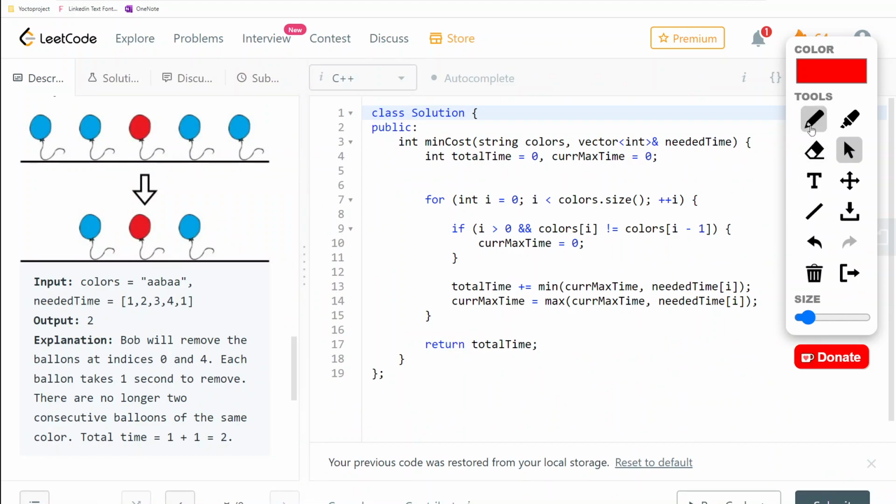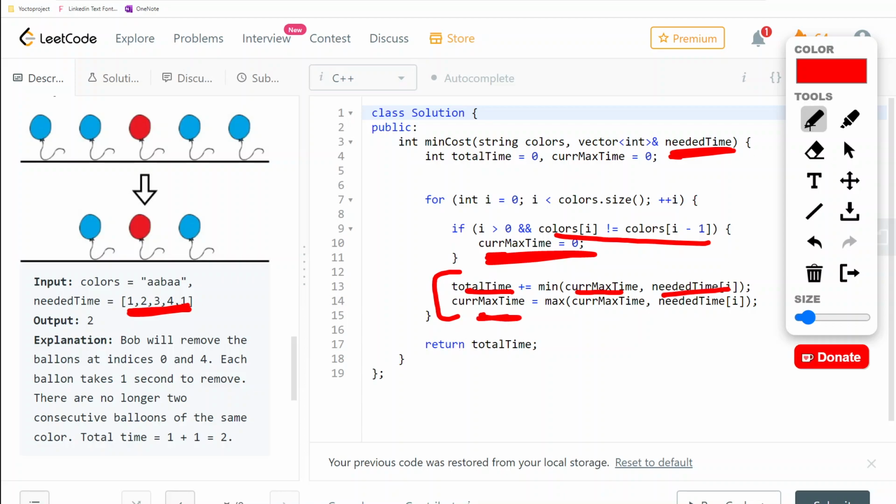So basically in this question, first we are taking total time to store our answer, and maximum time, which will be reset when our colors are not equal. When these both of them are distinct, we will be resetting the time to 0. But in all other cases, we will be adding up the minimum of the current maximum time and whatever time we will be having from this, because at the end we require the minimum time, right?